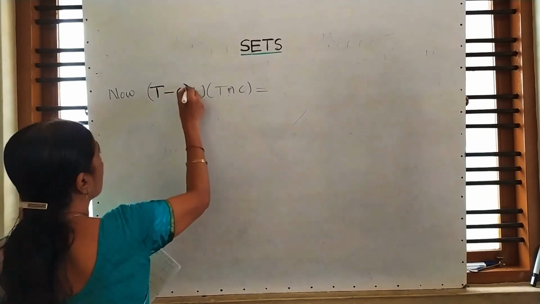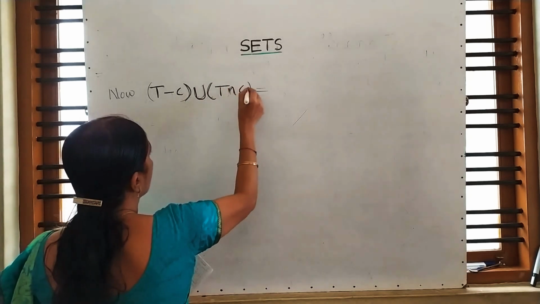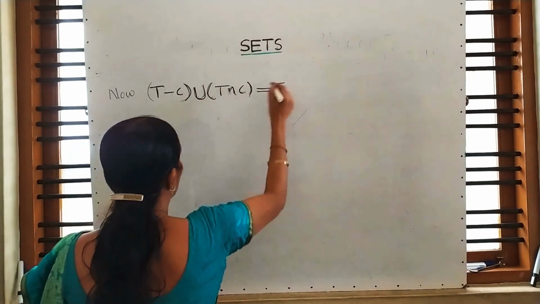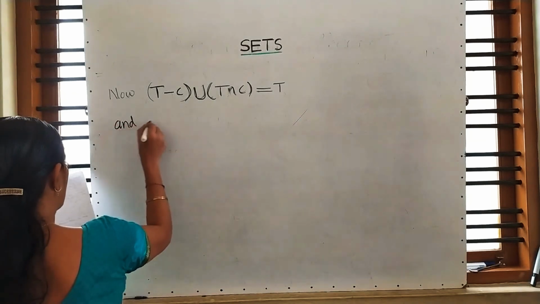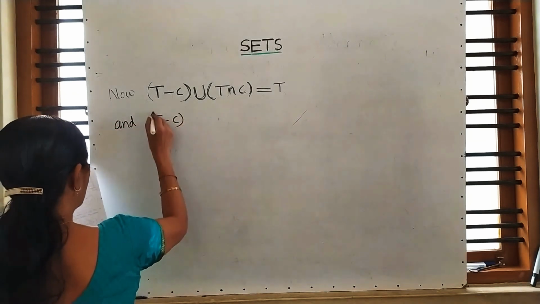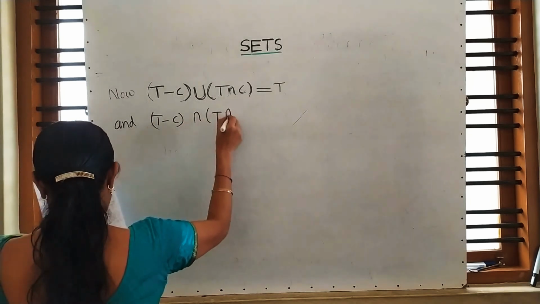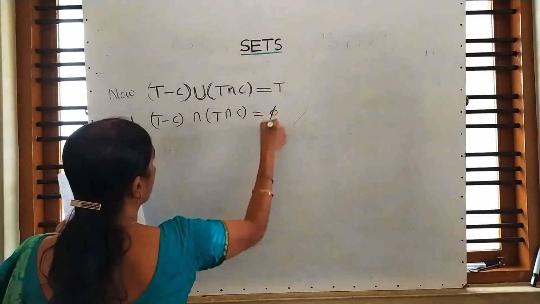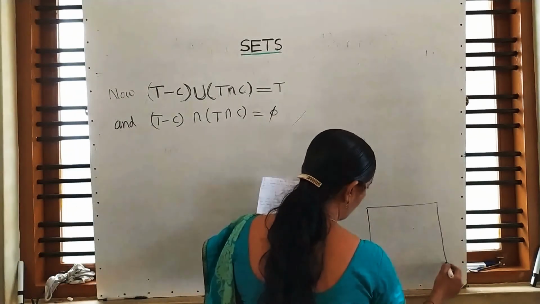T minus C union T intersection C will give you T. And T minus C intersection T intersection C, always they are a null set. See, already I explained in one of the previous classes.